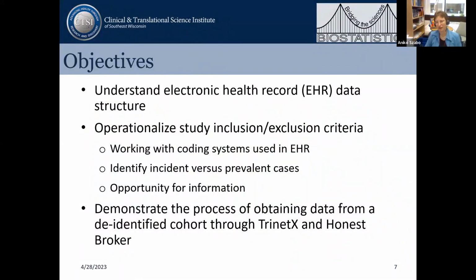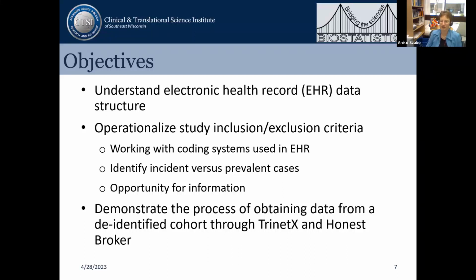More specifically, the objectives for today are to talk about the structure of electronic health record data and how to operationalize study inclusion exclusion criteria. I'll talk about working with coding systems in EHRs, thinking about what's incident versus prevalent cases, and the concept of opportunity of information that we'll talk about in more detail.